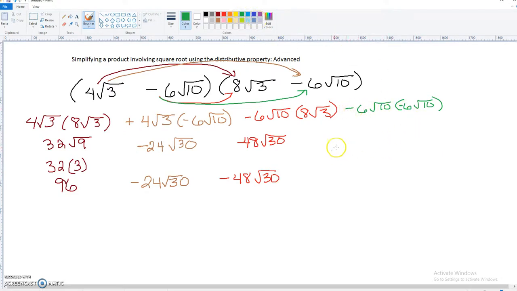And next we've got negative 6 times negative 6 is negative 36. Square root of 100. Now we can find the square root of 100, which is 10. So 10 times negative 36 is negative 360. From this point, we're going to combine all of our like terms. Our like terms happen to be 96 and negative 360.